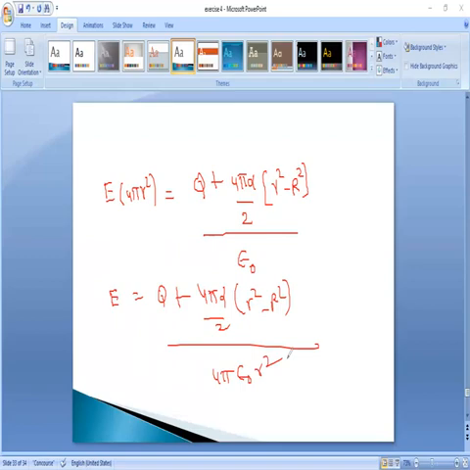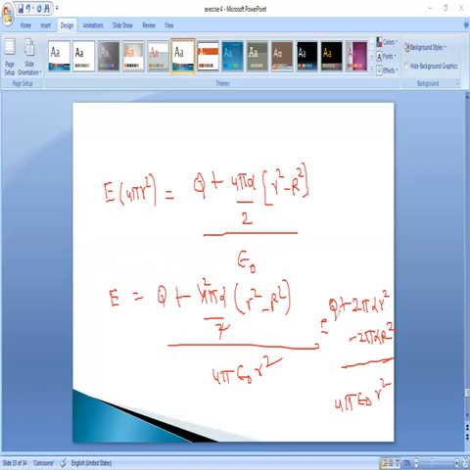Okay, and finally here the condition is this electric field intensity E should be independent of r value. Independent of r value in the sense, in the answer there should not be any small r value. So to calculate that, we can simply write here that, of course, the two twos cancel. So what is the numerator here? We have Q plus 2 pi alpha r square minus 2 pi alpha capital R square, by 4 pi epsilon naught r square.